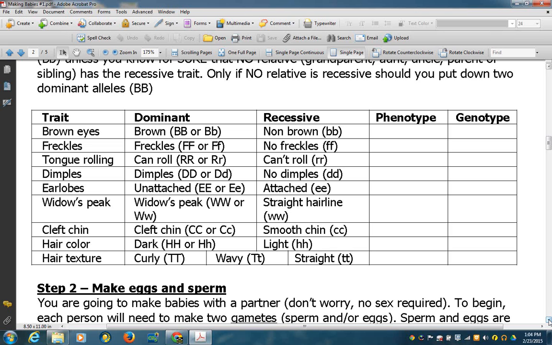So, brown eyes. The dominant is the capital letter B, and non-brown eyes, lowercase b's. So, for me, my eyes are actually brown. So, my possible genotype should be big B, lowercase b.